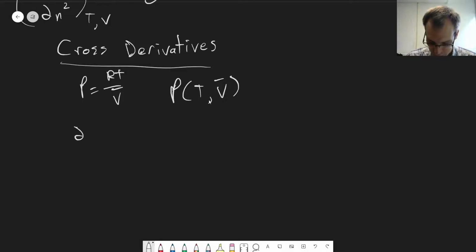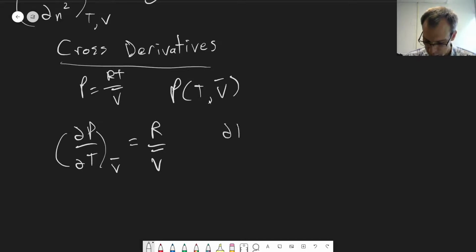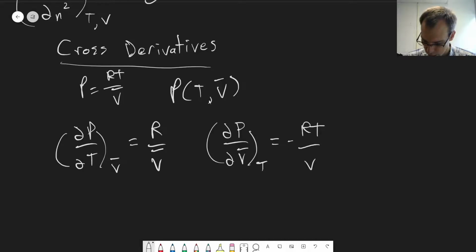We can do ∂P/∂T at constant V bar, and if V bar is constant, we're just going to get R over V bar. And we can do the other partial derivative, ∂P/∂V bar at constant T, and that'll give us minus RT over V bar squared.